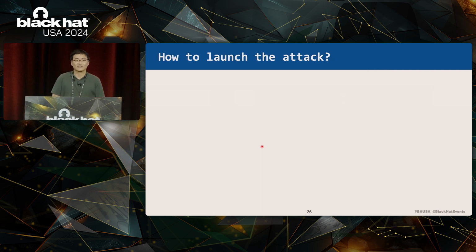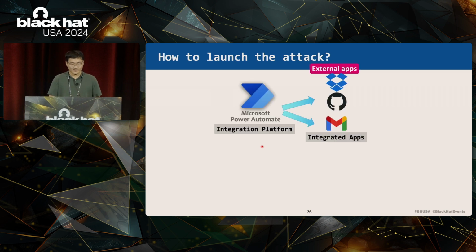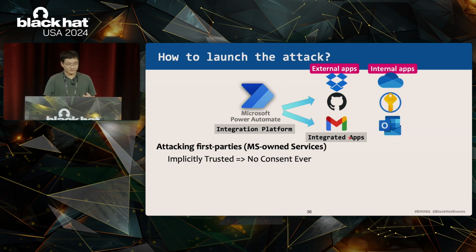So this attack can actually be launched against Microsoft Power Automate. Normally, you could automate workflows there, like sending you a Gmail whenever a new GitHub issue is filed. But here, we are actually not attacking those third parties, but Microsoft-owned first-party apps. They are implicitly trusted, so actually no user consent from the victim is ever needed.